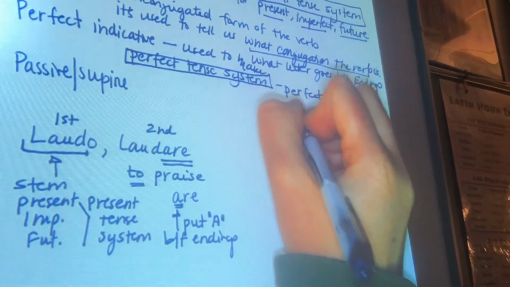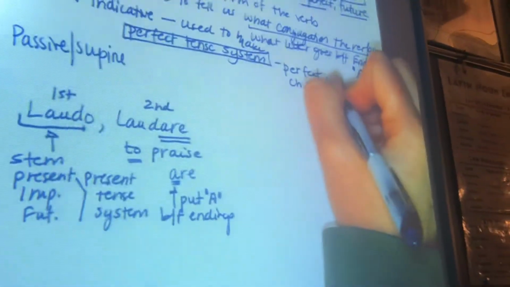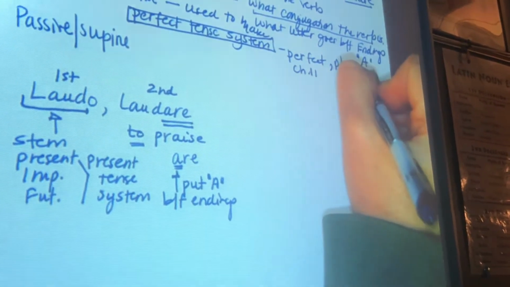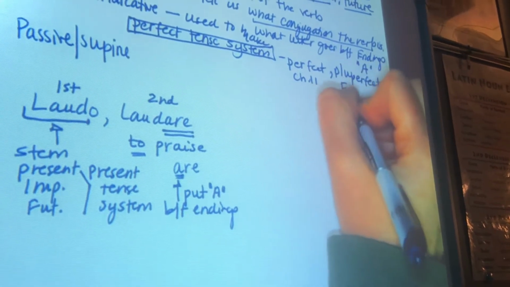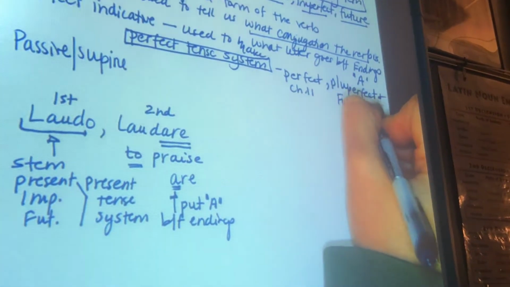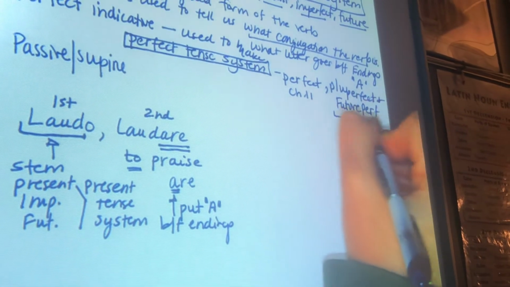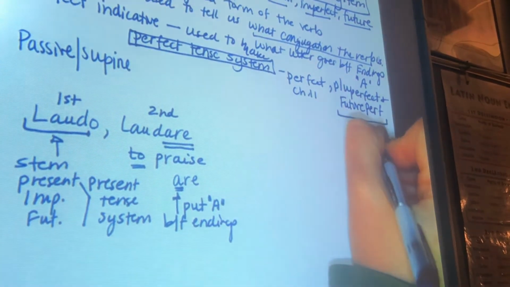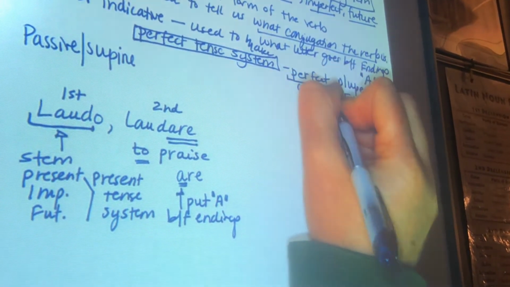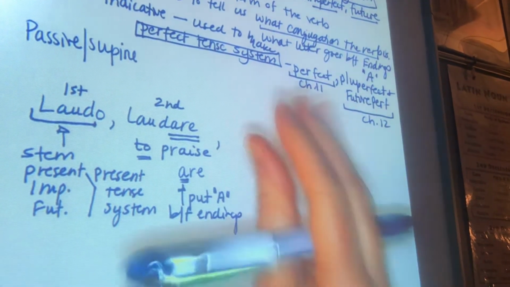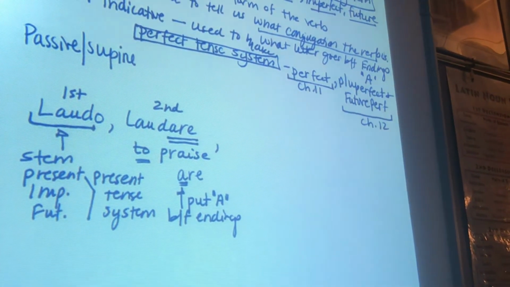This is what we're going to learn in chapter 11. And then the pluperfect, and the future perfect. The pluperfect and the future perfect we'll learn in chapter 12. So this third principal part is crucial for the next two chapters.